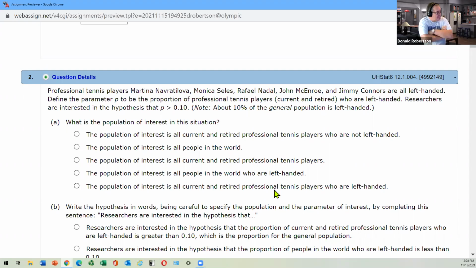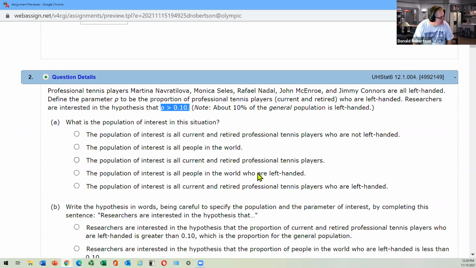Define the parameter P to be the proportion of professional tennis players, current and retired, who are left-handed. Researchers are interested in the hypothesis that it's bigger than 0.10. Now, do you notice they have told me the alternate hypothesis?